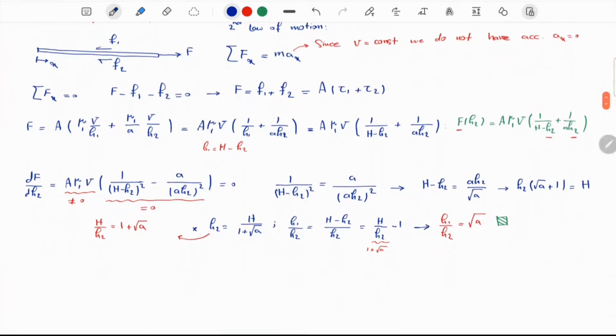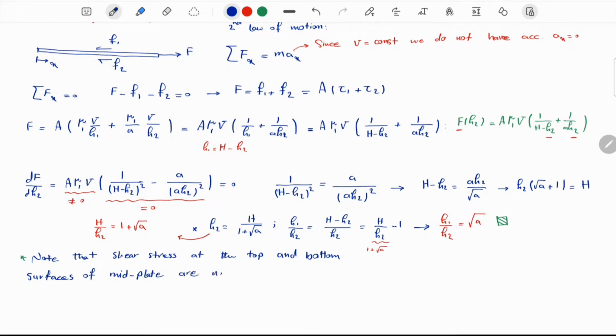There's a point here for this question. You should note that the shear stress at the top and bottom surfaces of the mid-plate are not equal.